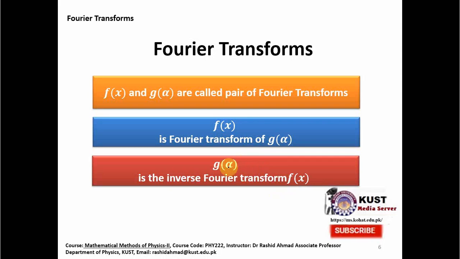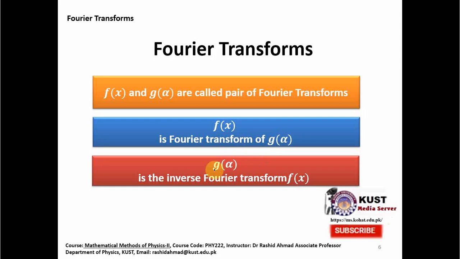You can say that g of alpha is a Fourier transform of f of x, and f of x is its inverse. It's just a matter of choice, as you might have seen in the formulas, which are totally symmetric. So one can call f the Fourier transform and g its inverse, or g the Fourier transform and f its inverse.